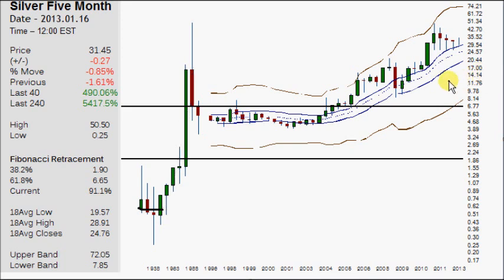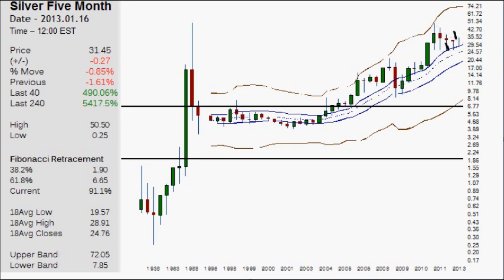Over the last 5 months, so this month and the 4 previous months, right now, it's down 27 cents, or almost 1%. The 5 months before then, it barely lost again, just a little under 2%. And you can see in this 5-month period, it didn't do too much as well, showing again a lot more of the consolidation period.